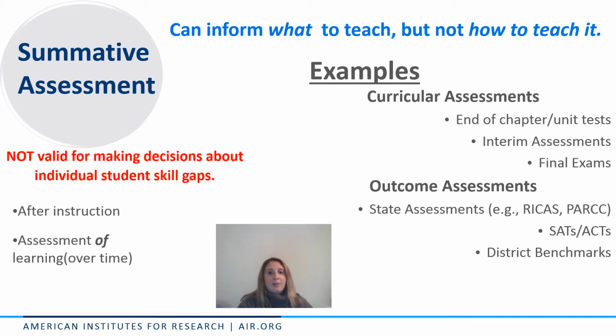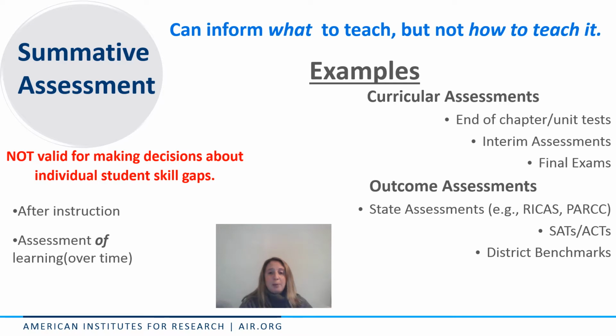For example, by the end of third grade, students should be able to represent and solve problems involving multiplication and division, understand properties of multiplication and the relationship between multiplication and division, multiply and divide within 100, solve problems involving the four operations, and identify and explain patterns in arithmetic, develop understanding of fractions as numbers, solve problems involving measurement and estimation, and many other third grade Common Core standards.